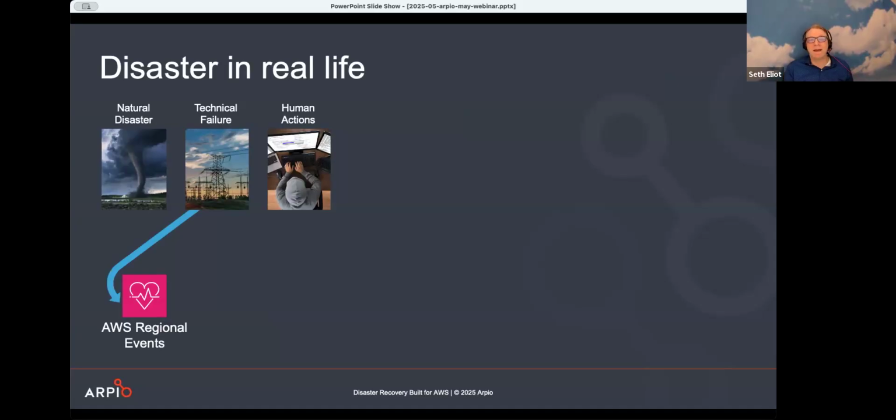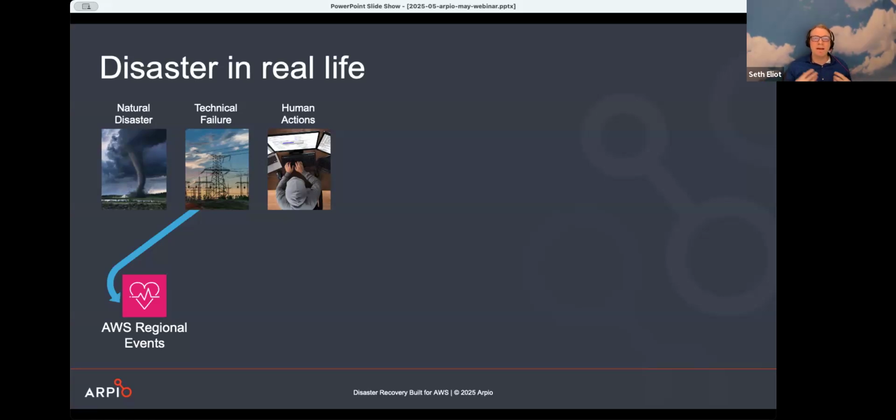Now, sometimes people say a region is down, and that's never happened. As far as I know, no cloud provider has ever had a region hard down. Now, that could happen if a meteor strikes the earth in the right place, but not likely.